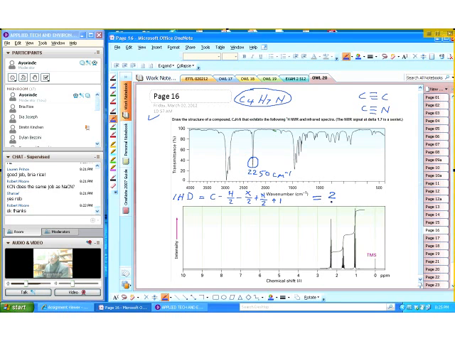So what does that tell you? If you have an index of hydrogen deficiency of 2, what does that tell you? Anybody has an idea?